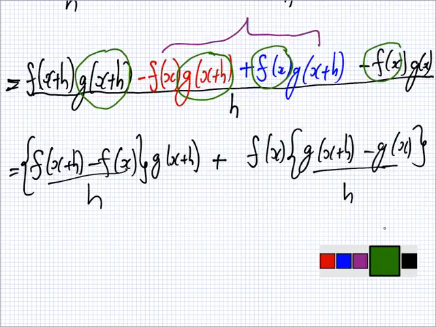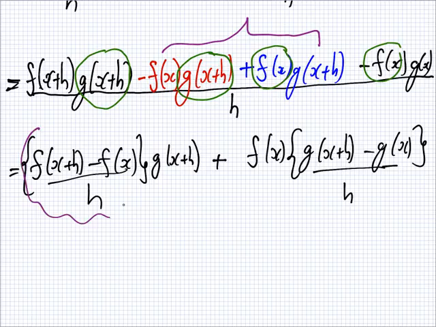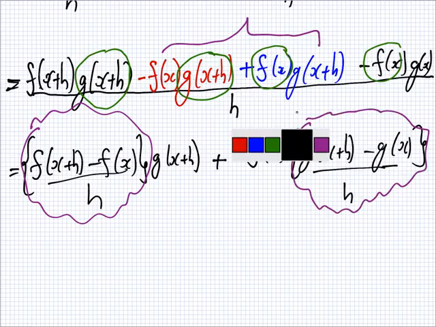So who can tell me, if I make h go to 0, what will this piece become if h goes to 0? And likewise, what will this piece become? Not 0 and not 1. And not fx.